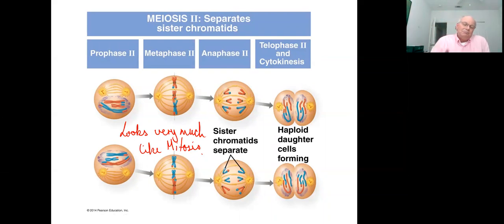In fact, for all intents and purposes, you could call it mitosis, but there are some subtle differences that we will address when we look at our concept check question, because it actually addresses this. So this is meiosis 2, looks very much like mitosis.